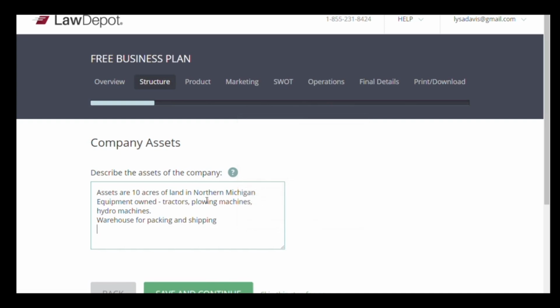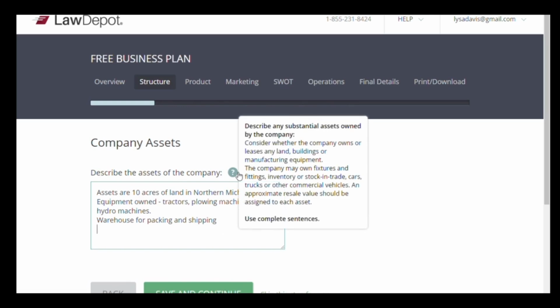If this is a service company and you don't have any assets, you are the assets. You can put in here, let's see, they don't want to know anything about proprietary assets. So if you're a service company, you can put down any type of, if you have printers or office equipment or furniture, you can put that down. If you don't have any assets, you just don't have any assets.